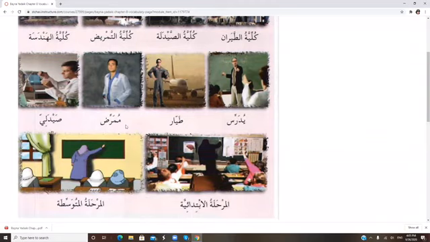Mumarid is a nurse. Saydali, a pharmacist. Al-Marhala al-Ibtidaiya is the elementary level. And al-Marhala al-Mutawassita is the middle level.